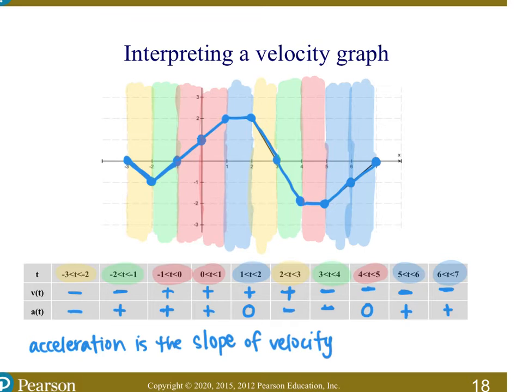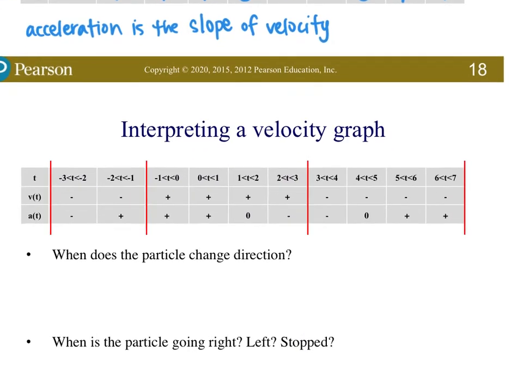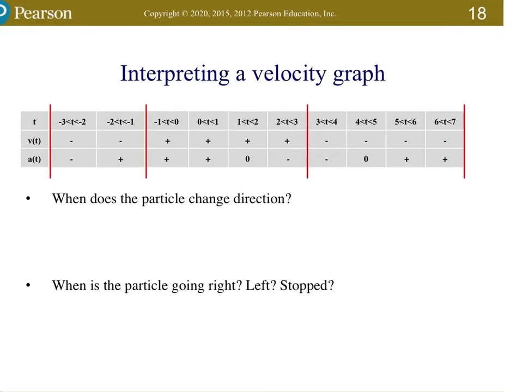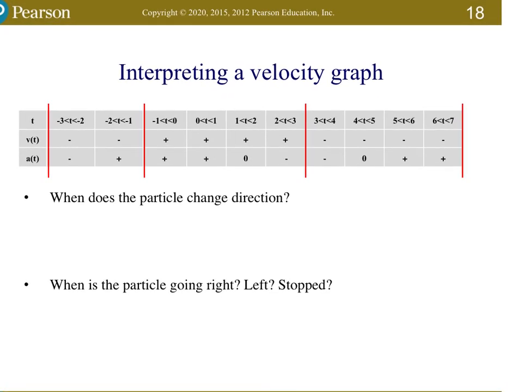Once you have your chart filled out, then you can answer all the questions that you'll need to know about that particular chart. So I've transferred this chart onto the next page. The most important things about this chart are going to be where the velocity row changed from one sign to another, and then another change here.